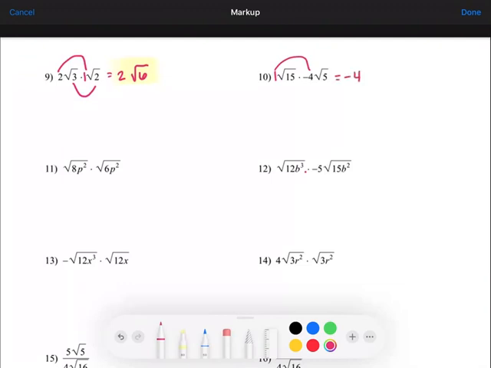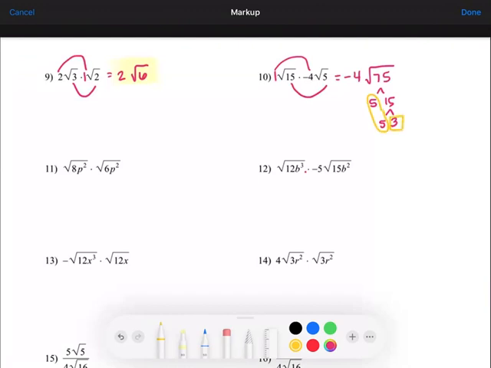For square root of 15 times -4 square root of 5, I have a coefficient of 1 times -4, which gives me -4, and I have 15 times 5. 15 times 5 gives me the square root of 75. Then I'm going to break this down. I can break it back down to 5 and 15, which breaks into 5 and 3.